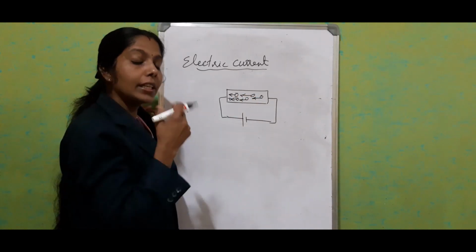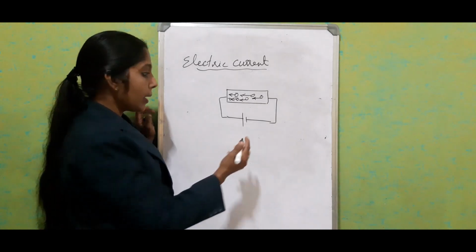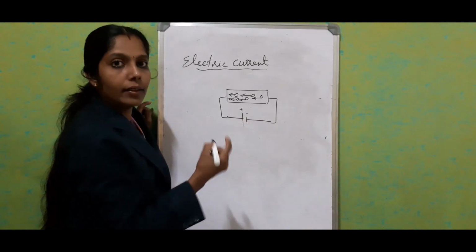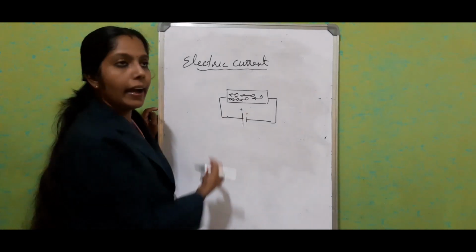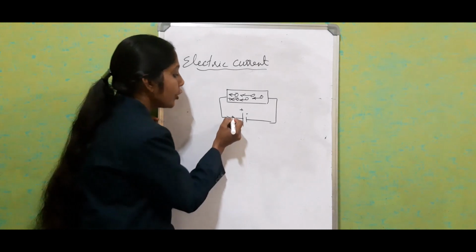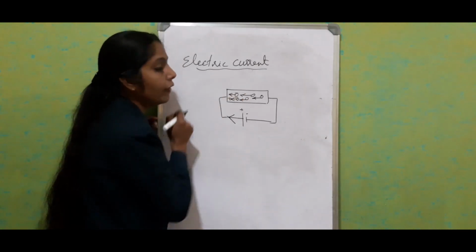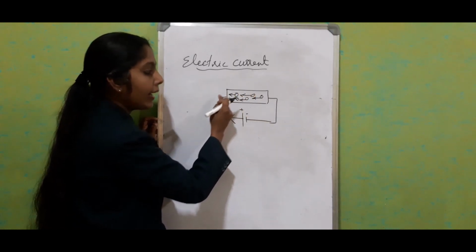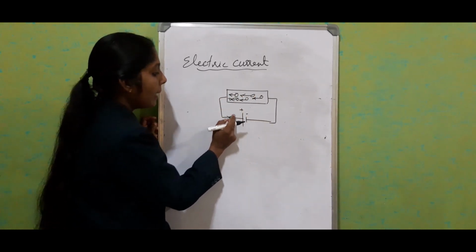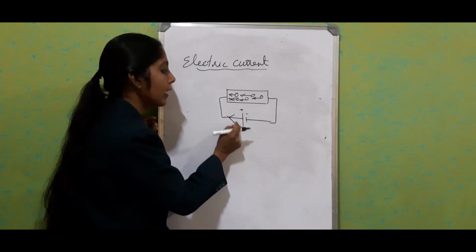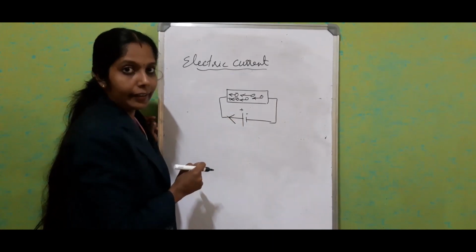But for the conventional current flow, we represent the bigger line as positive and the smaller one as negative in the cells. So the conventional current flow is just opposite to the direction of electron flow. Electrons are actually traveling from that direction to this direction, but the conventional direction of current flow is from positive to negative.